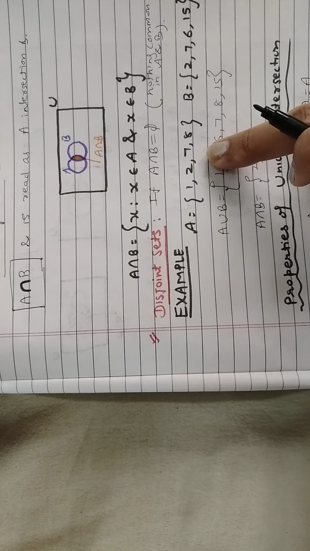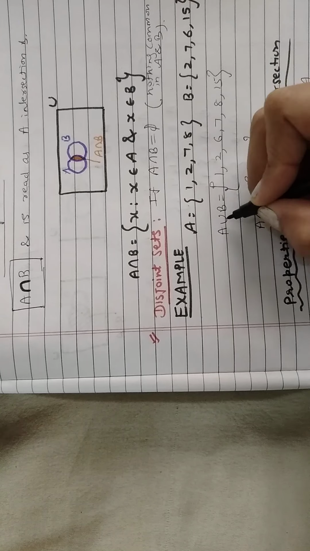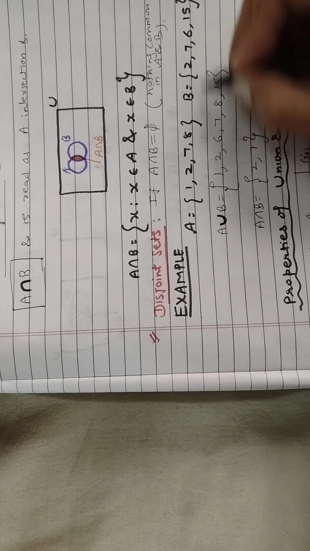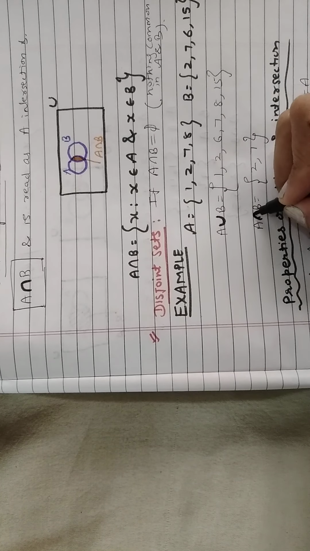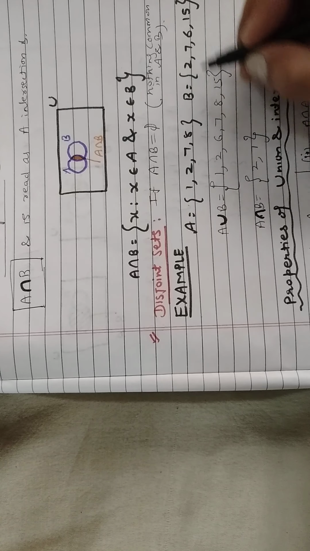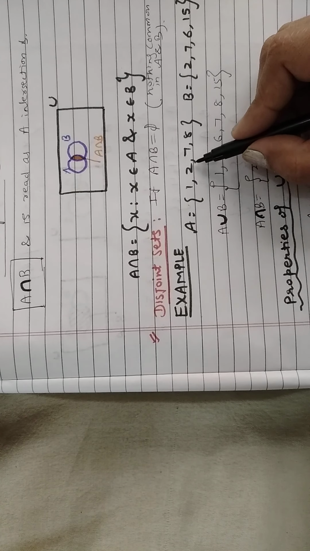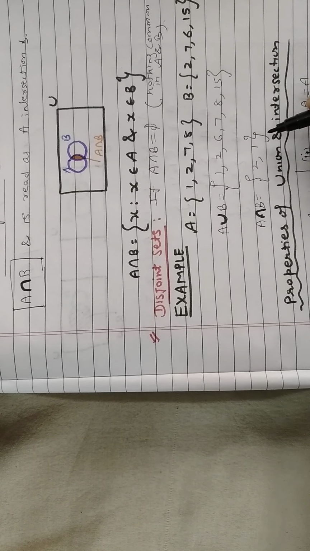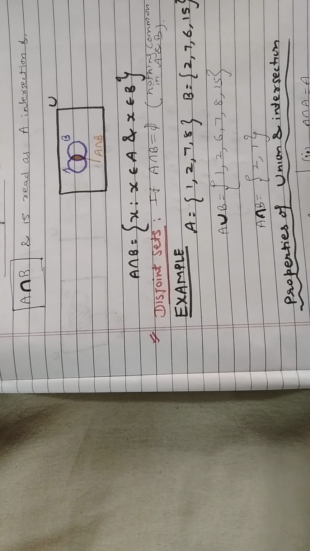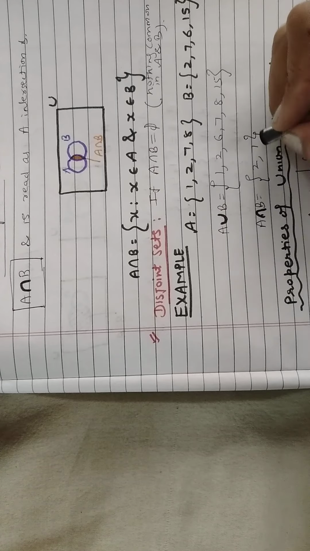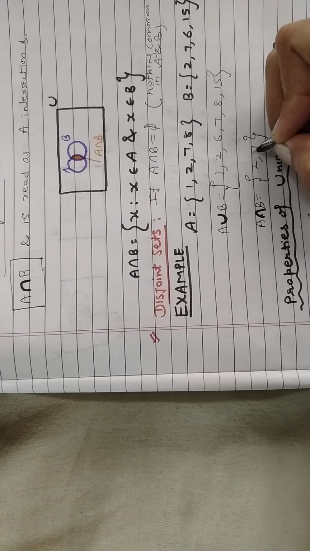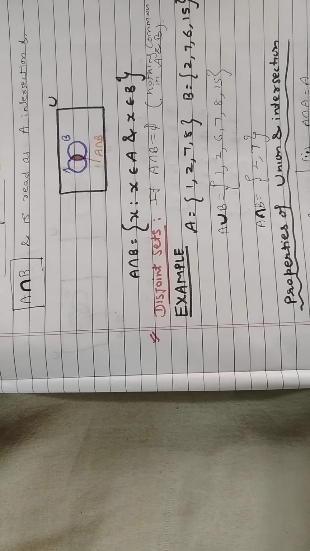A intersection B means you take the common elements. What is common here? Only 2, 7. So this is A intersection B, the common elements of A and B.